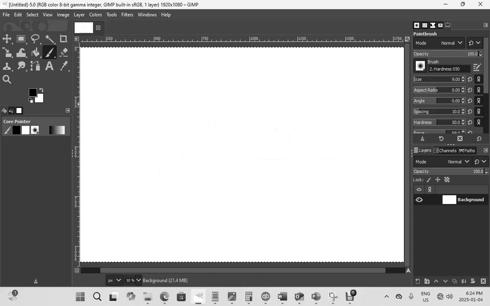Now let's take an example. Say for our linear equation, x plus 2y equals 6. What we need to do here is turn this equation into a format where we can get our slope and y-intercept.